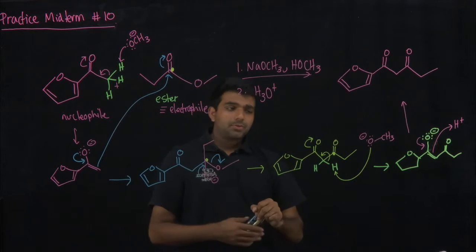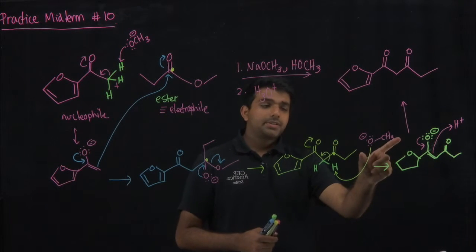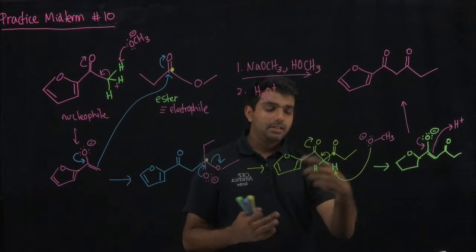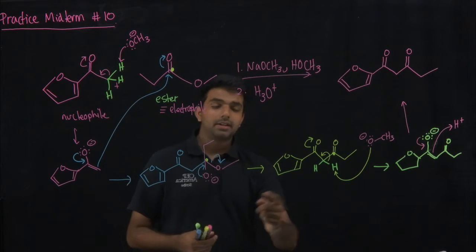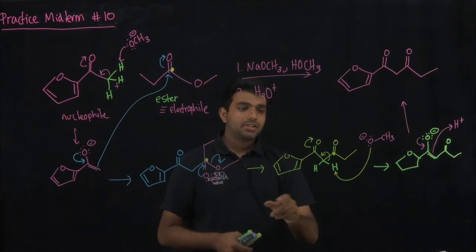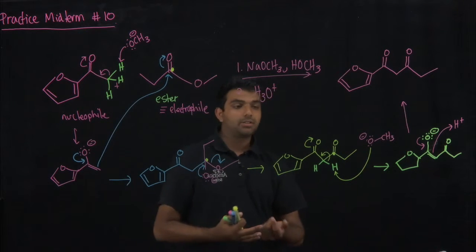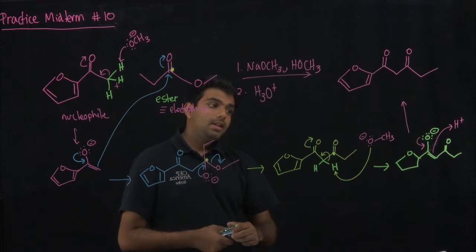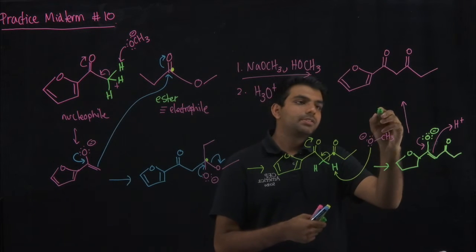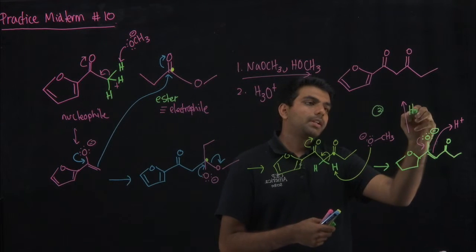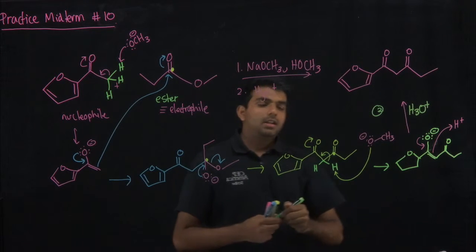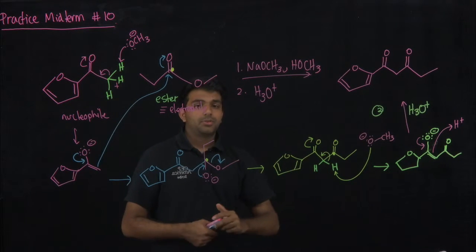Unfortunately, how the reaction works out is the methoxide that's present here is always going to be in solution whenever this product is created. And so the acidic hydrogens that are flanked by the carbonyls, one of the hydrogens will always be removed regardless if you want it removed or not. And so the only way to fix that is to do a second workup where we do our H3O+, and that restores it back to our normal state.